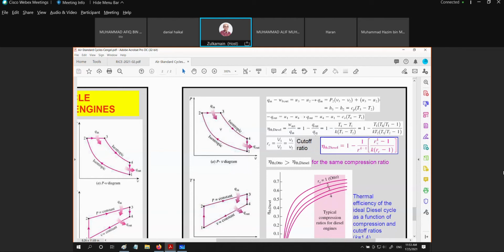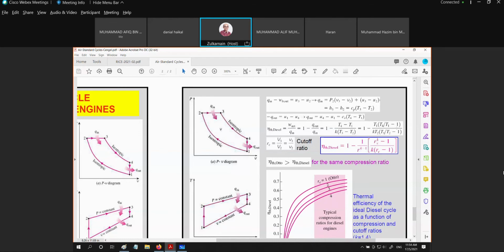Based on substitution of T1, T4, T3, and T2, we can prove that the final equation for this air standard diesel cycle is 1 divided by r to the power k minus 1, multiplied by (rc to the power k minus 1) divided by k multiplied by (rc minus 1). The k value is Cp divided by Cv, r is V1 divided by V2, and rc is V3 divided by V2.